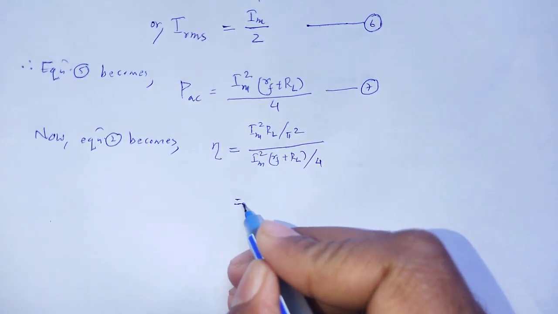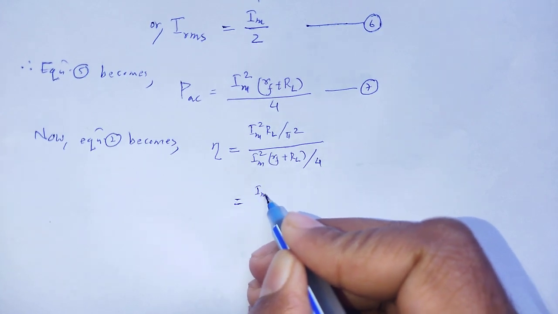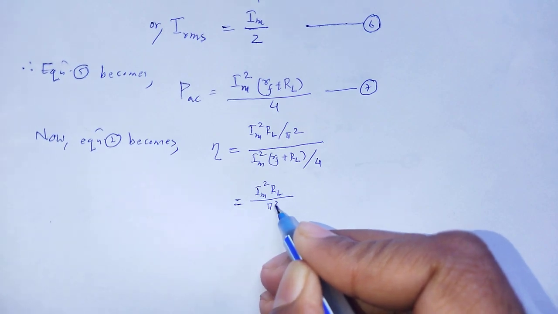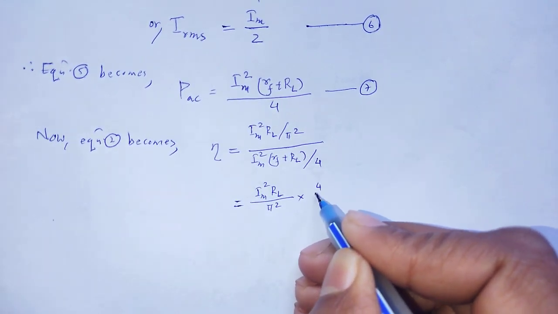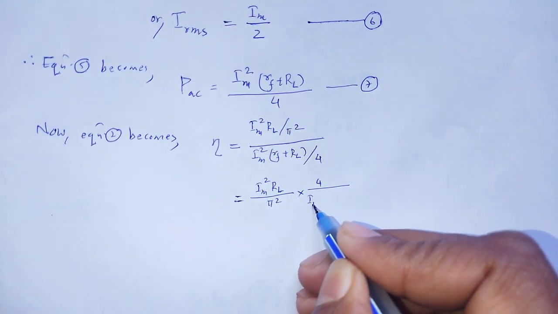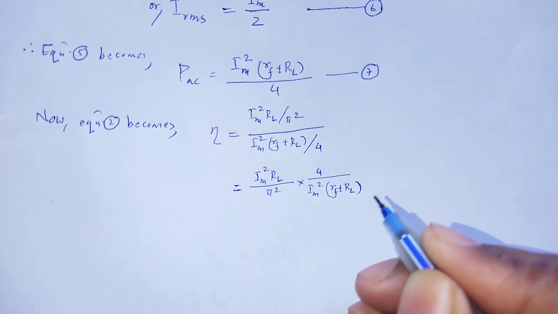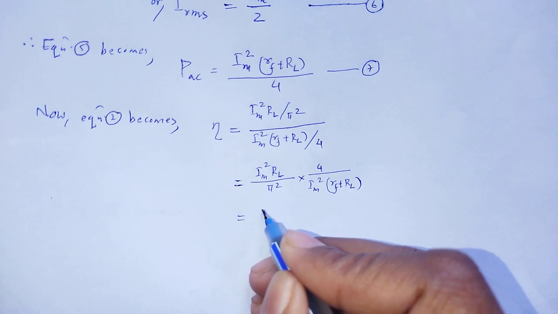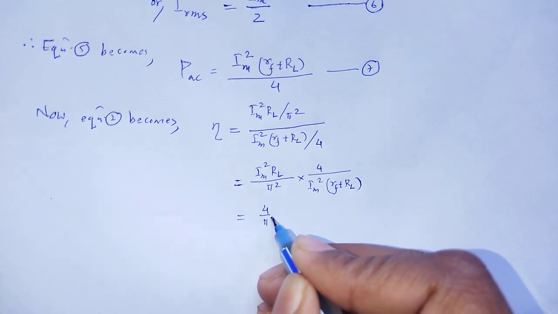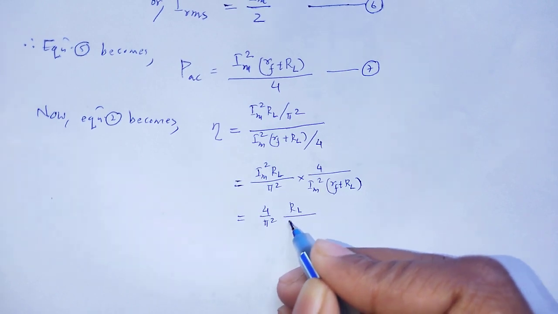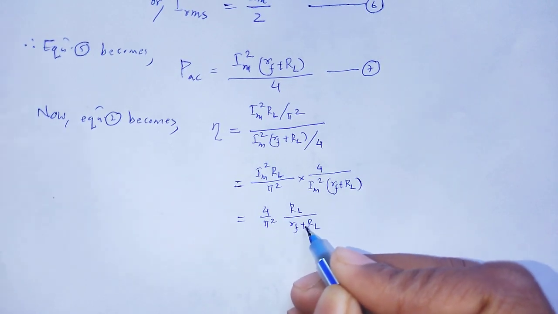Is equal to Im square RL divided by pi square into 4 divided by Im square (Rf plus RL), which is equal to 4 by pi square into RL divided by Rf plus RL.